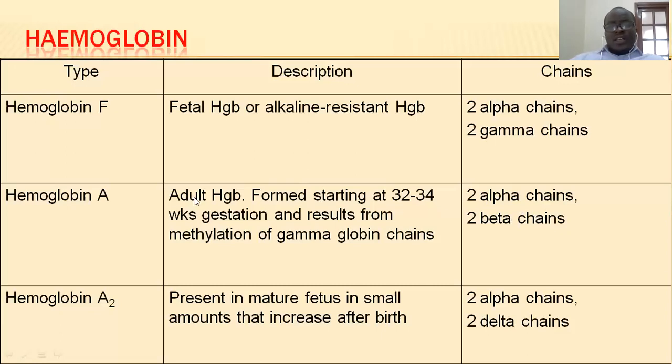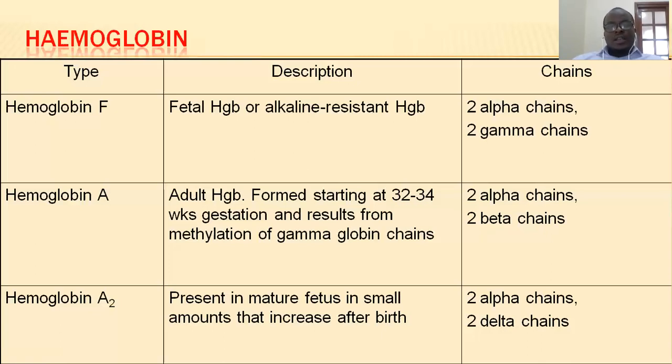Adult hemoglobin starts forming at about 32 to 34 weeks of gestation, as a result of a maturation reaction. Once the gamma chains are methylated, they will be converted into beta chains. That's why in adult hemoglobin you don't have much of the gamma chains; you have beta chains because of the maturation reaction.